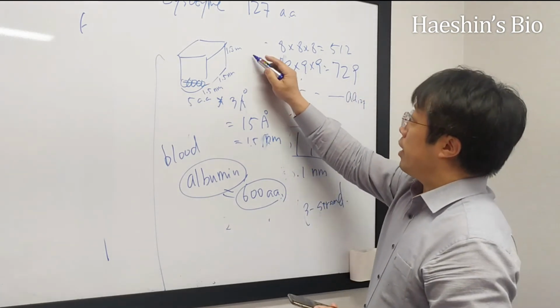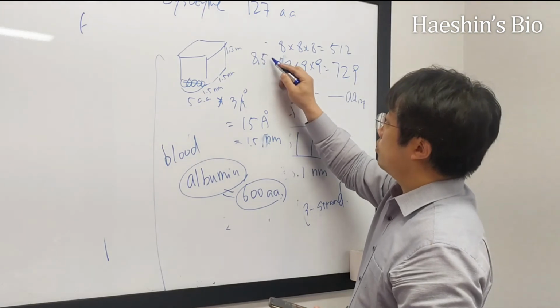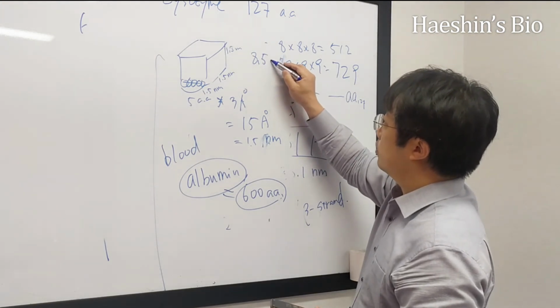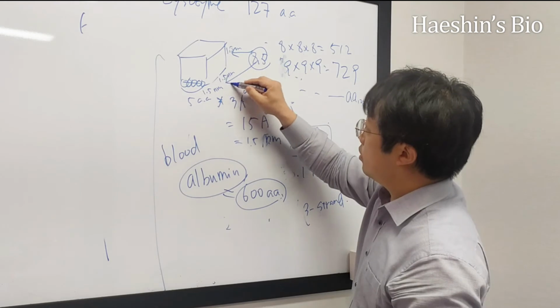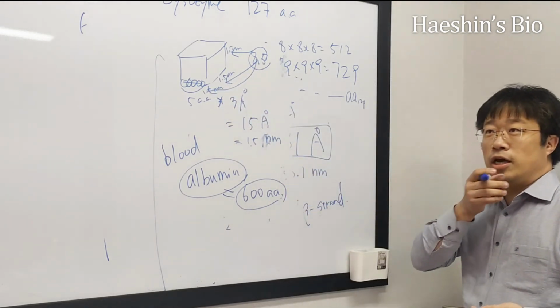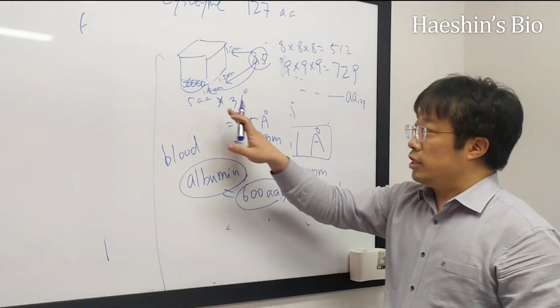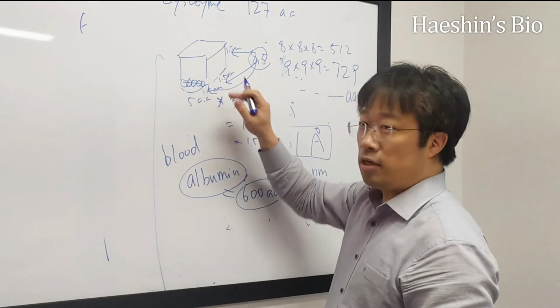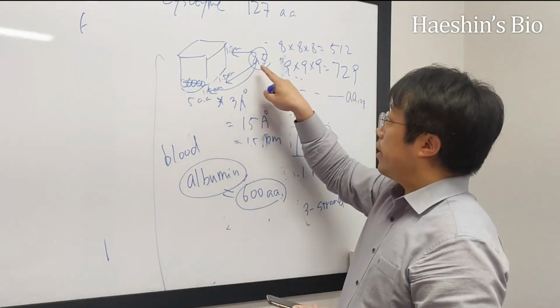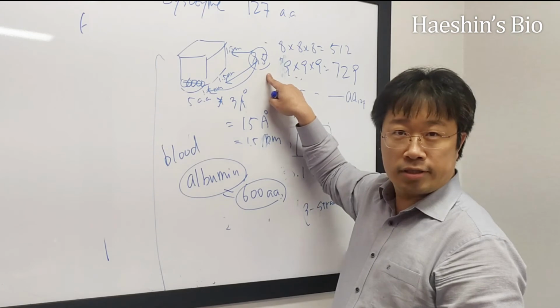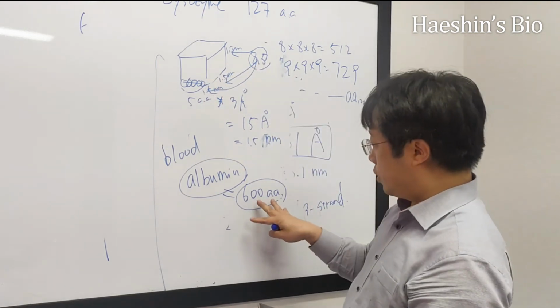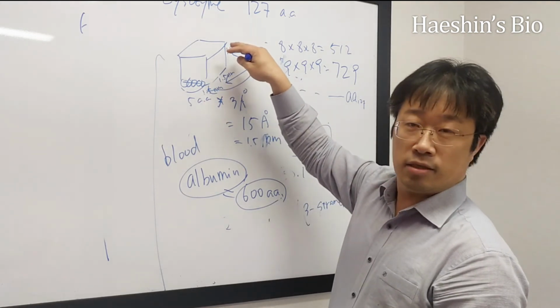So we'll take about 8.5 amino acids in this situation. So the albumin size is about 8.5 amino acids along each axis, X, Y, and Z, to pack all the 600 amino acids into this space.